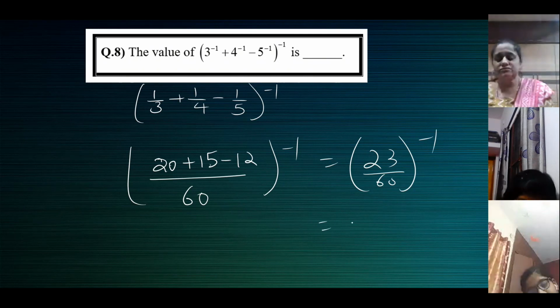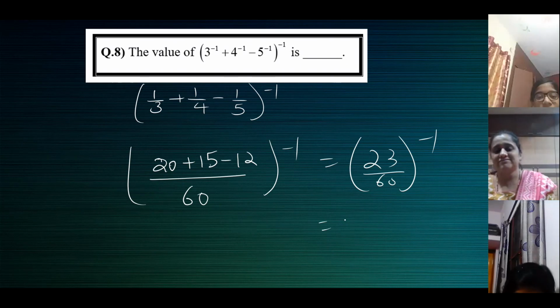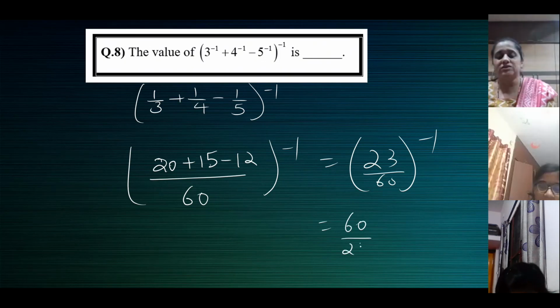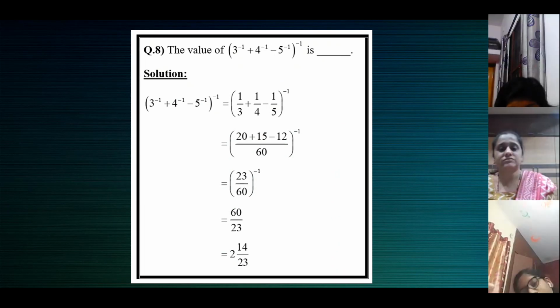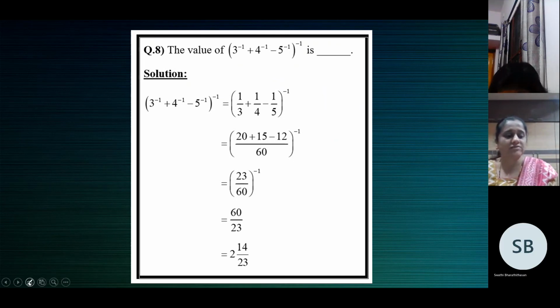So what's the answer? Again, I did a silly mistake, ma'am. Instead of 23, I wrote 13, ma'am. So this is nothing but 60 by 23, and write it as a mixed fraction. Ma'am, I have been simplifying that 20 plus 15, that one, ma'am. You went wrong there, is it?